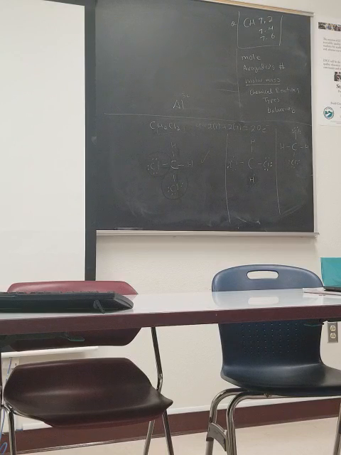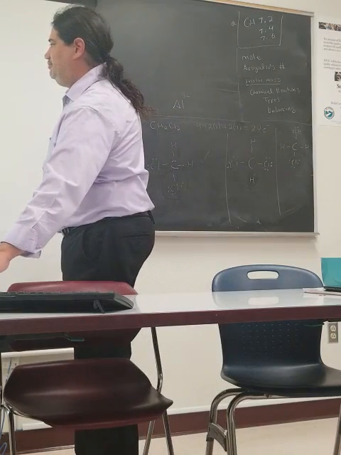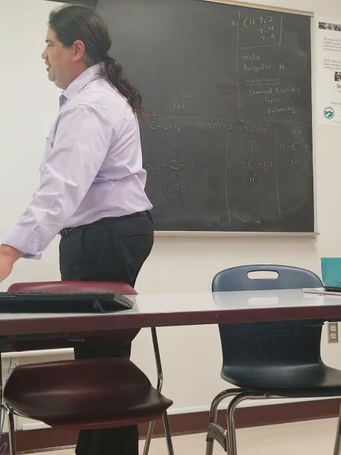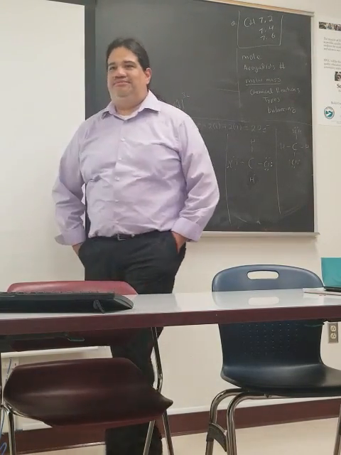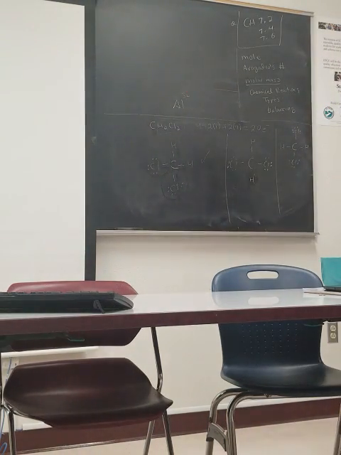So the answer is B. A has the right starting point, but it's missing the lone pairs on chlorine. And then there are no double bonds. We're looking at D.